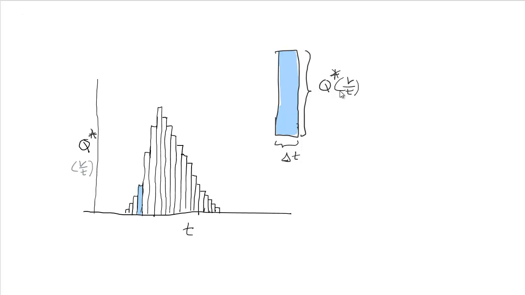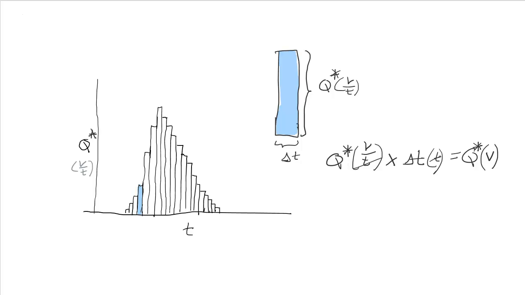The height is the event discharge in volume per time. Its width, again, is some time increment delta t. And when we multiply the event discharge in volume per time times the delta t, the times are going to cancel, and we'll end up with the event discharge measured in volume.